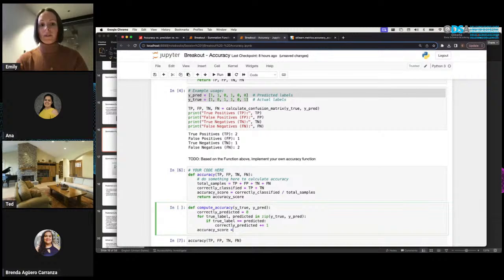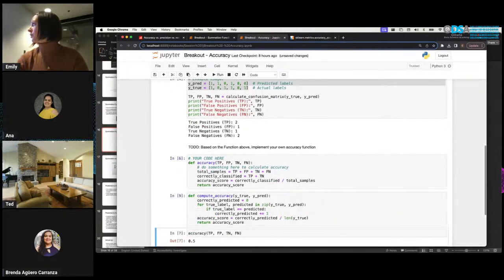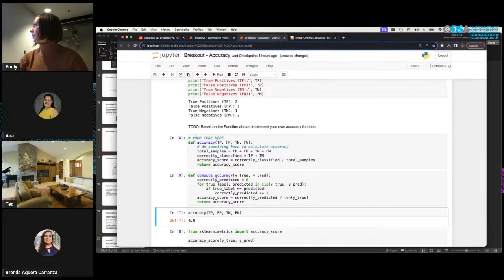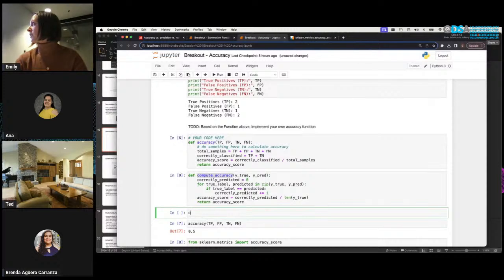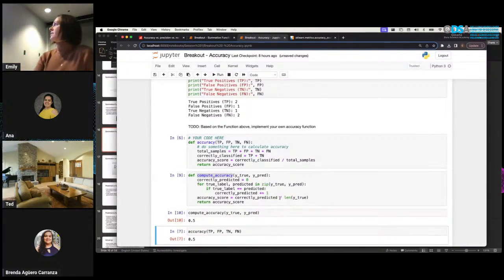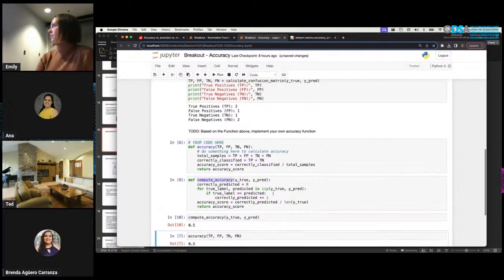Accuracy score is correctly_predicted over the length of y_true. Let's see the score. And it should return the same thing. But instead, we would need to pass it y_true, y_pred, and it's still going to return 50%.